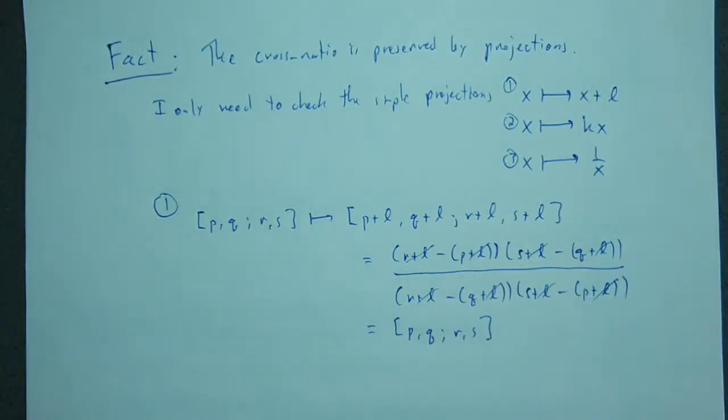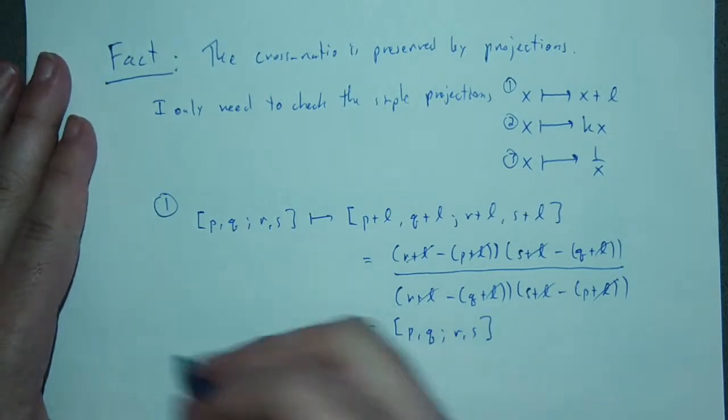So this translation, which is projecting from a point at infinity, sends the cross ratio of 4 points on a line to itself. Remember, the cross ratio is defined for 4 collinear points. The 4 points have to be on a line, or the cross ratio doesn't make sense.